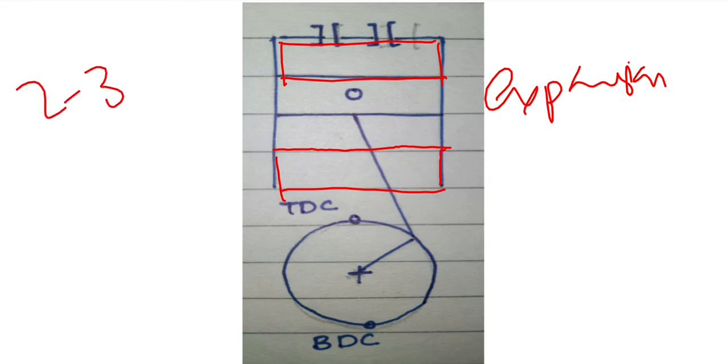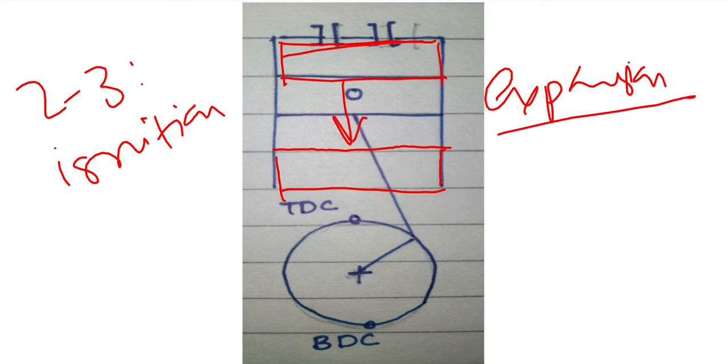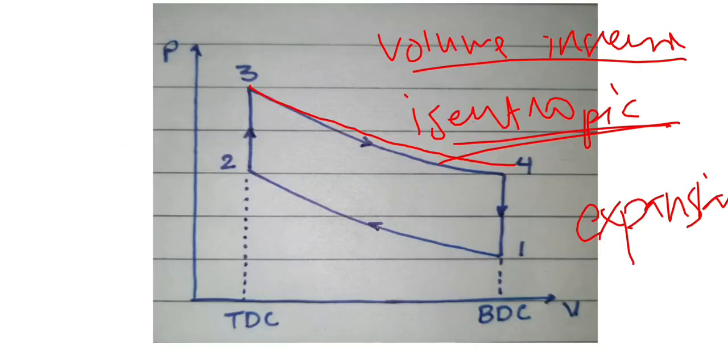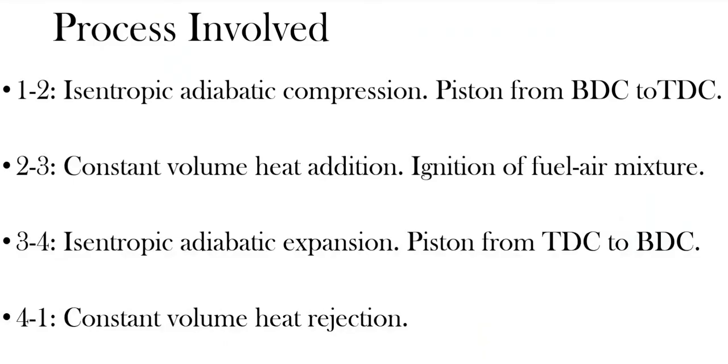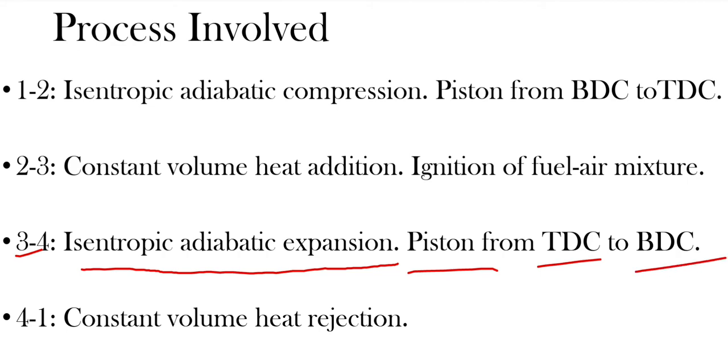From 2 to 3 ignition was there, and due to the ignition the piston will move backward, and due to that the expansion takes place. The piston moves from top dead center to the bottom dead center. See here, from 3 to 4, isentropic adiabatic expansion, piston from top dead center to the bottom dead center.